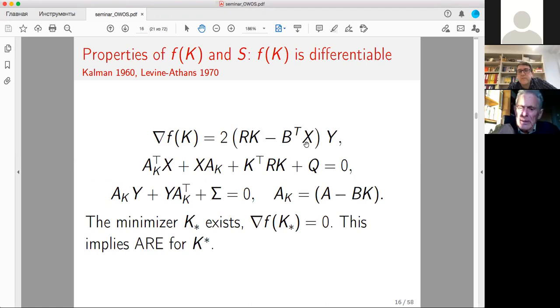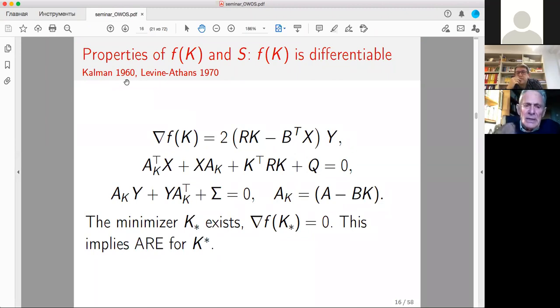First, we find the matrix X, which was written when we fix k; there is a Lyapunov equation for X. We solve it and find X. Next, we solve this equation with relation to matrix Y, and find this positive definite Y. And here is the expression of the gradient.